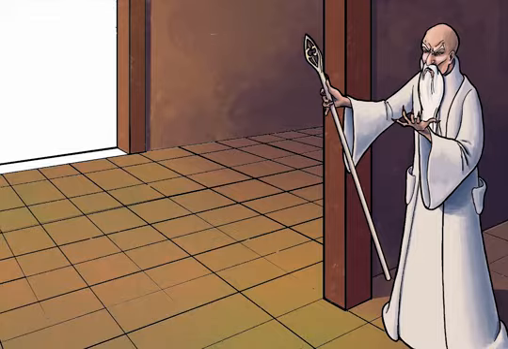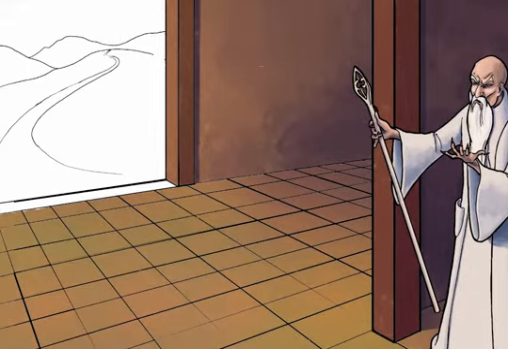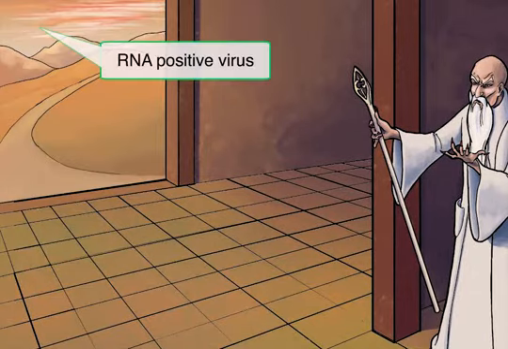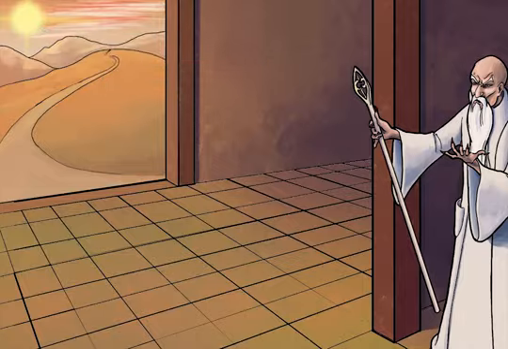Once it becomes DNA, it can get incorporated into the host chromosomes and replicate forever. So despite this extra step, it's still technically a positive sense RNA virus. So take note of the positive sense sun in the background. Also, notice the orange warm hues to remind you that HIV is an RNA virus.